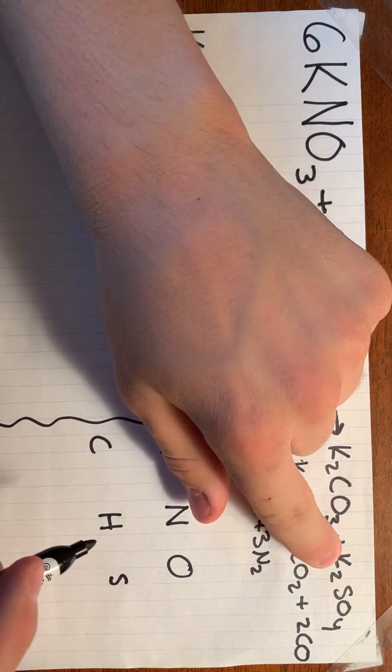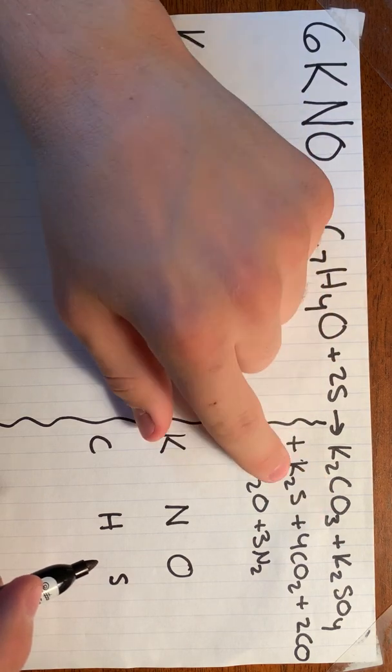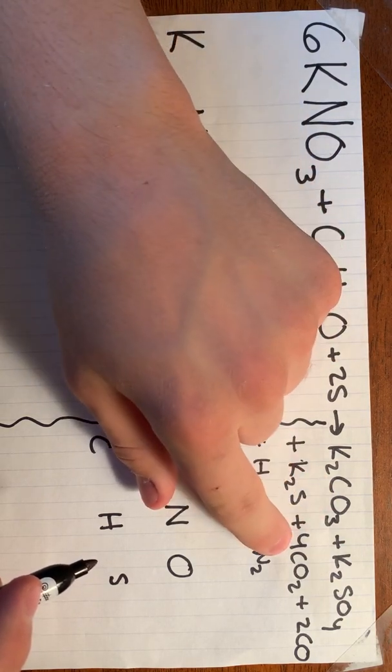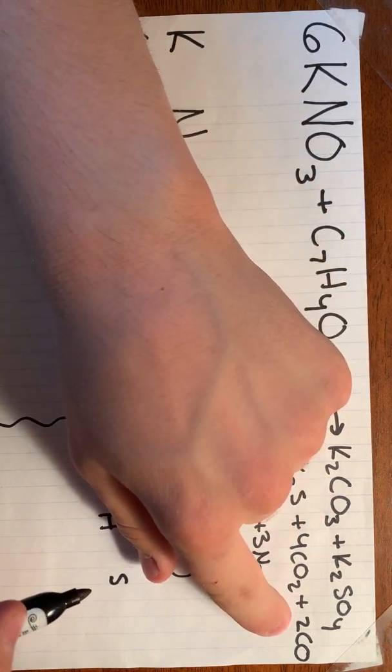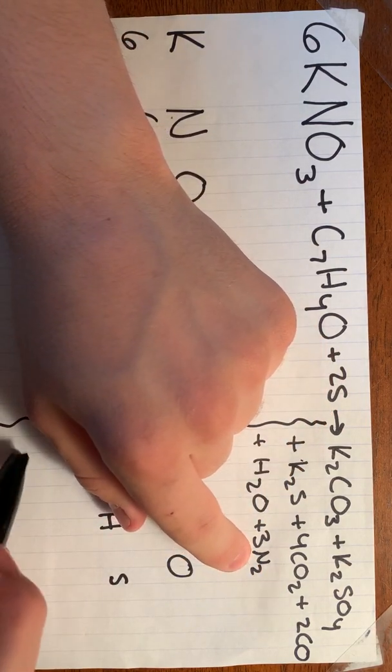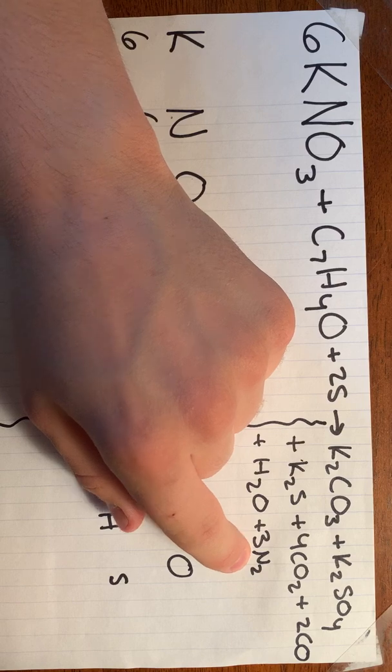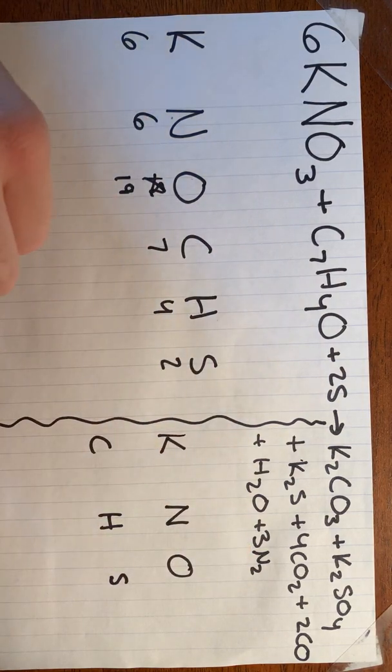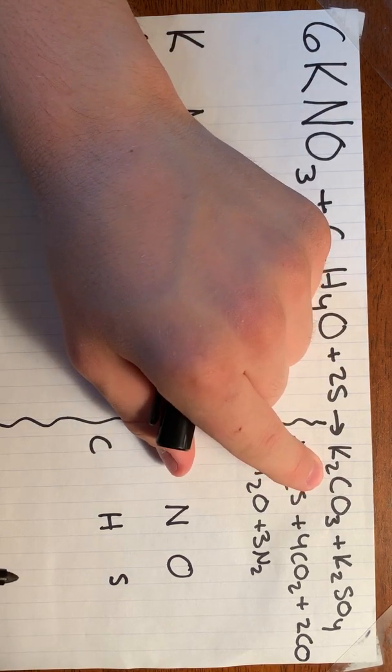This next one is potassium sulfate, potassium sulfide, carbon dioxide, carbon monoxide, water, and then nitrogen. That is a diatomic element, so that means that it can't be alone, so it's always paired with itself or with another compound. So let's do potassium carbonate first.